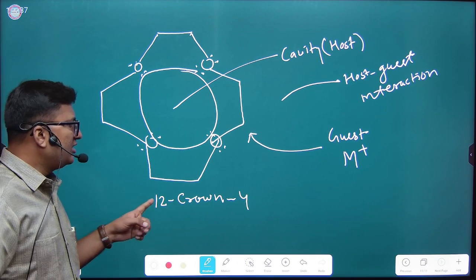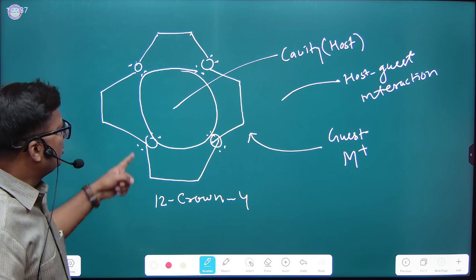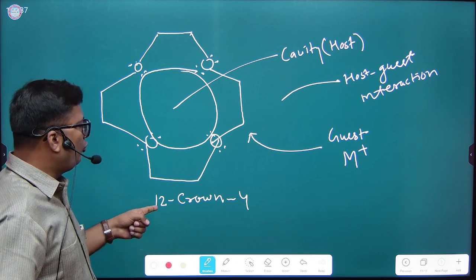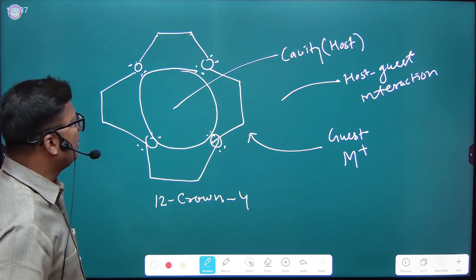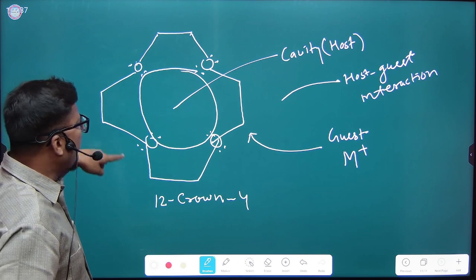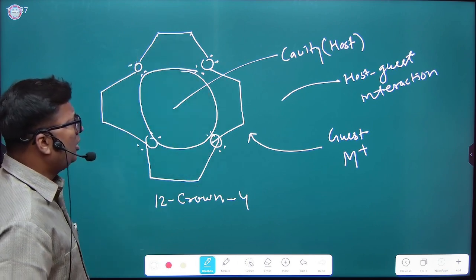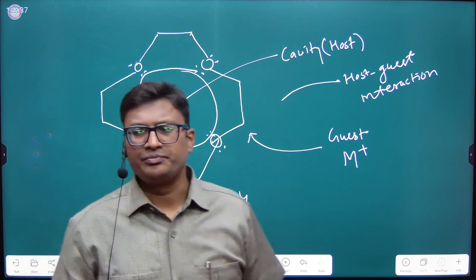How has the nomenclature been provided to this structure? 12 crown 4 means in this ring there are a total of 12 atoms, right?